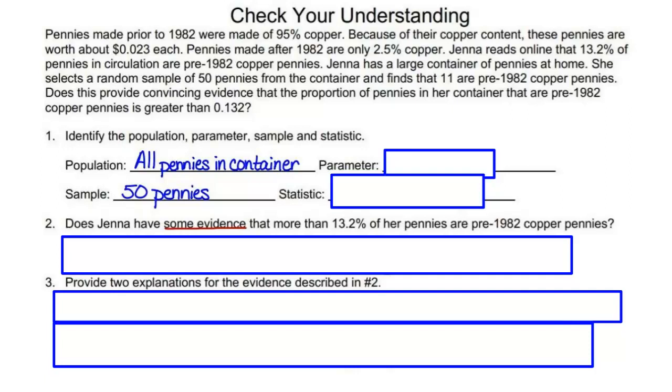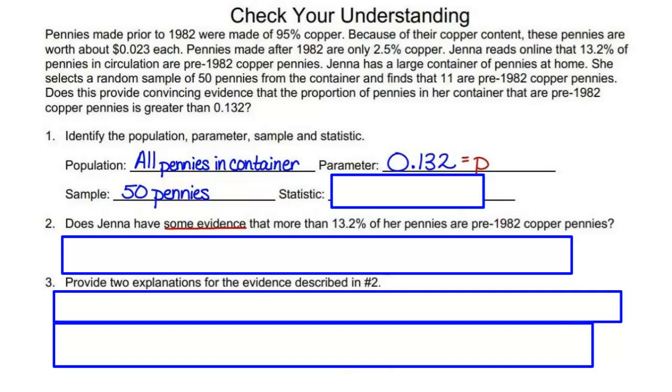Do you guys remember the difference between a parameter and a statistic? No. Parameter and statistic, we're calculating the same thing. So my parameter, what number up here is describing the population? Jenna reads online that 13.2% of pennies in circulation are pre-1982 copper pennies.